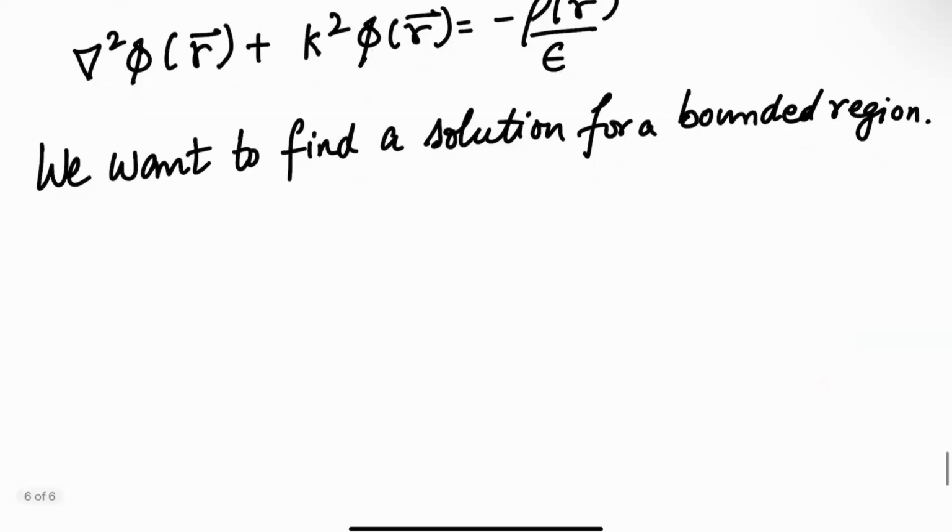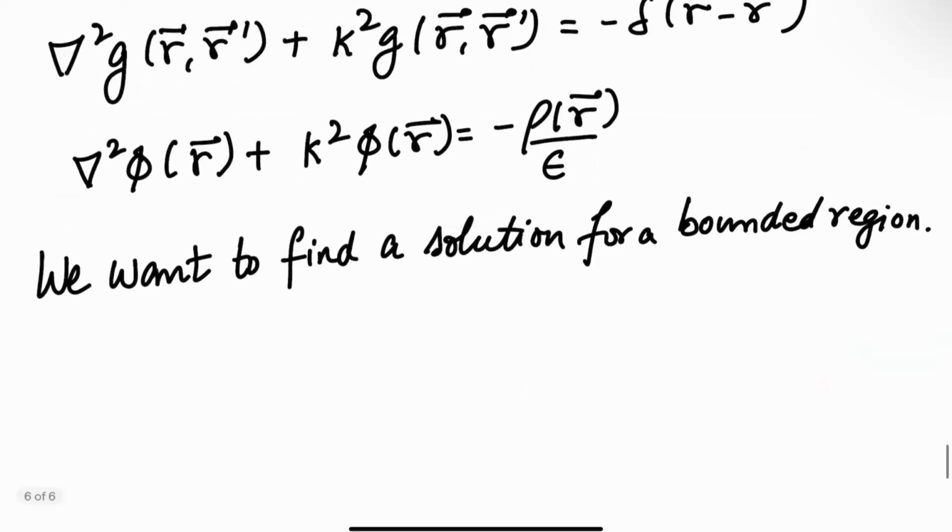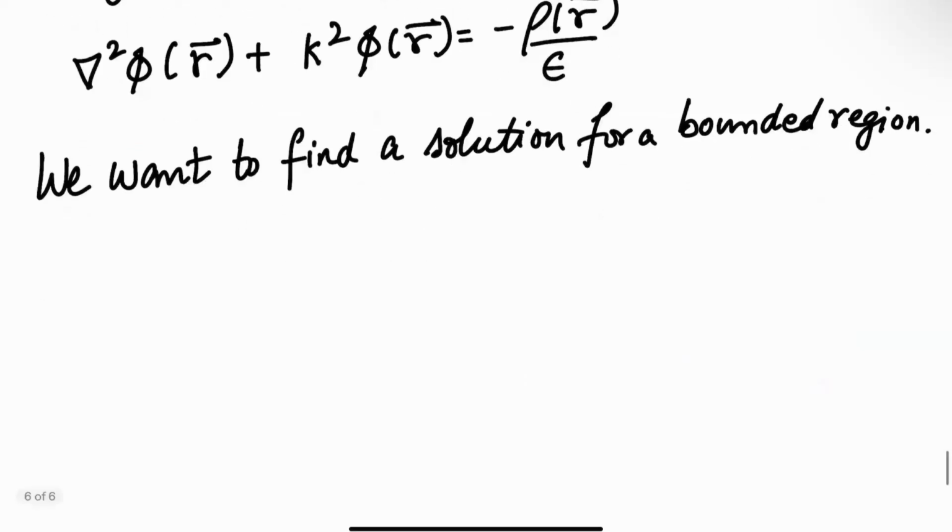Right, so we'll make use of Green's theorem. Since we have two scalar potentials, G and phi, we can now apply Green's theorem and start from there.